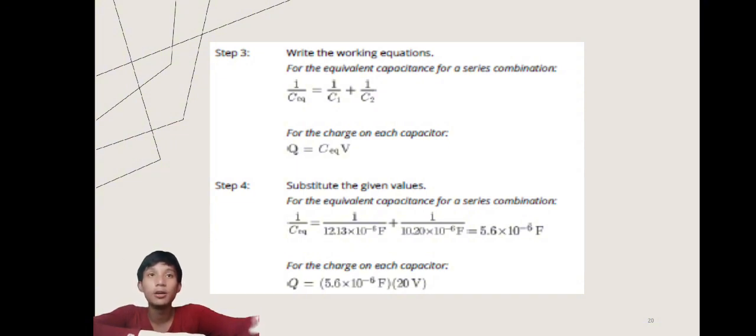So now it would be 1 divided by 12.13 x 10 to the power of negative 6 plus 1 divided by 10.20 x 10 to the power of negative 6, which is equal to 5.6 x 10 to the power of negative 6 F. Now the charge, as we remember, is CEQ times V. We have the equivalent capacitance, so we just multiply it with the voltage, which is 20.